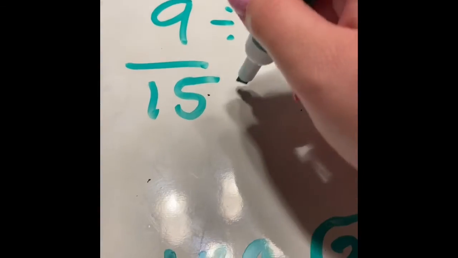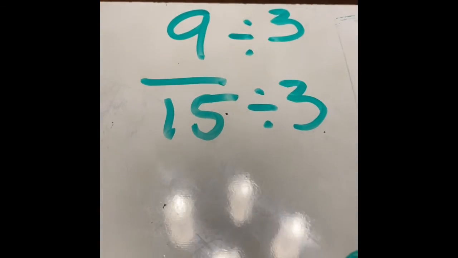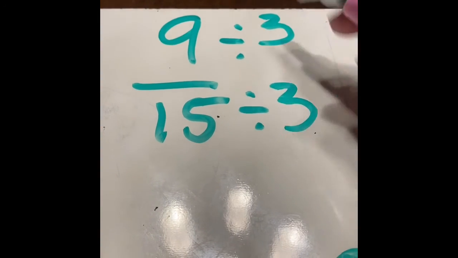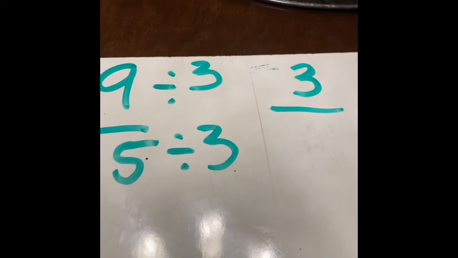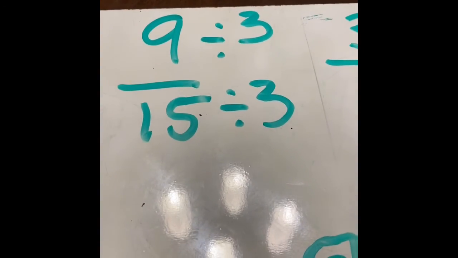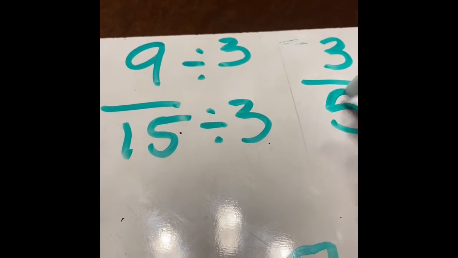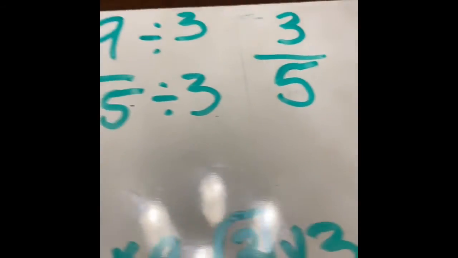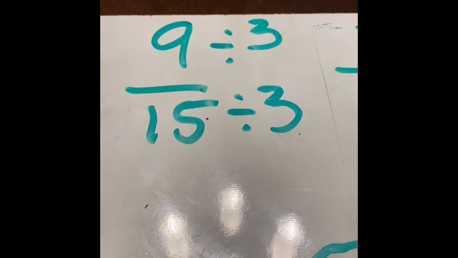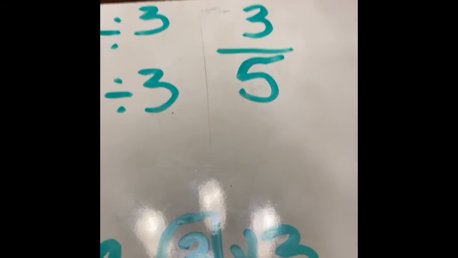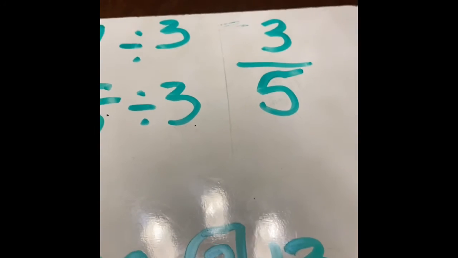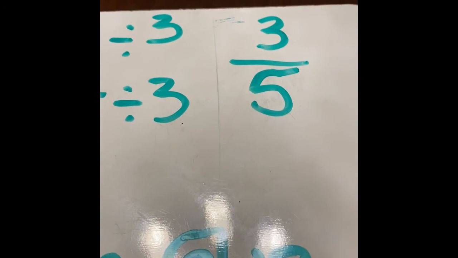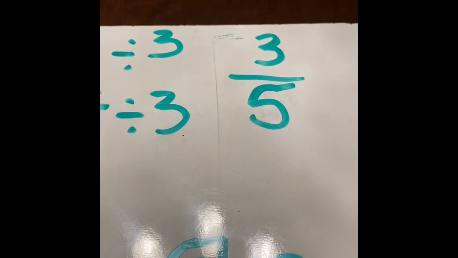That means this can be divided by 3. 3 divides into 9 3 times. 3 divides into 15 5 times. So the equivalent fraction of 9/15 is 3/5. And this is the simplified form. This means it's in simplest form.